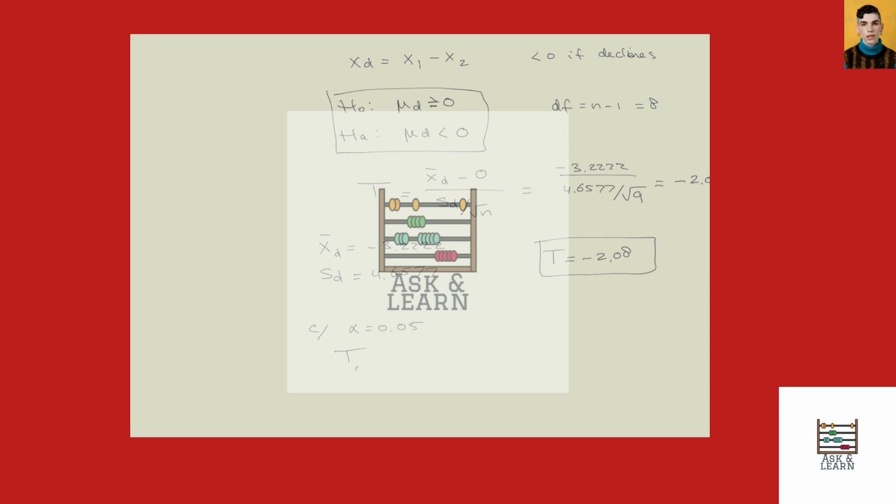We're doing a one-sided test, so 0.05 in the tail and 8 degrees of freedom. It is going to give us a critical value of 1.86. And since we're doing a negative test, we want our negative critical value, so negative 1.86.